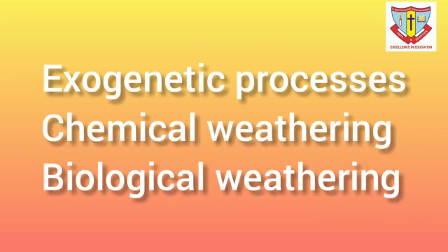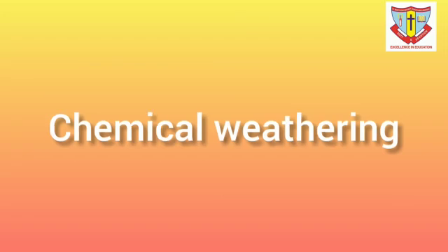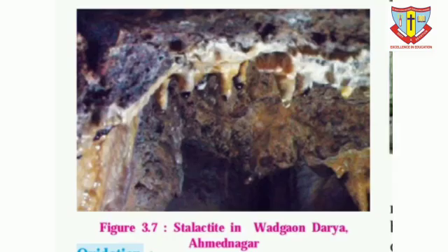Dear children, in this part of the video of this chapter, we are going to study about chemical weathering and biological weathering. Chemical weathering. Water plays an important role in chemical weathering. Rock is a mixture of many minerals, and water is a universal solvent.